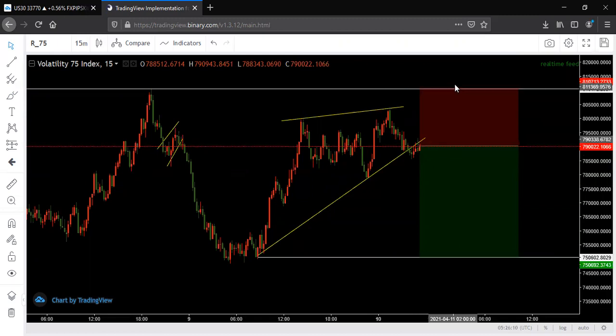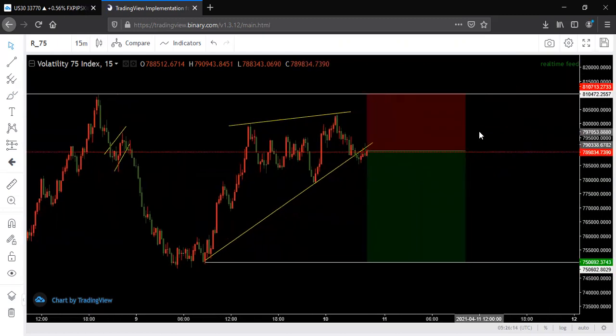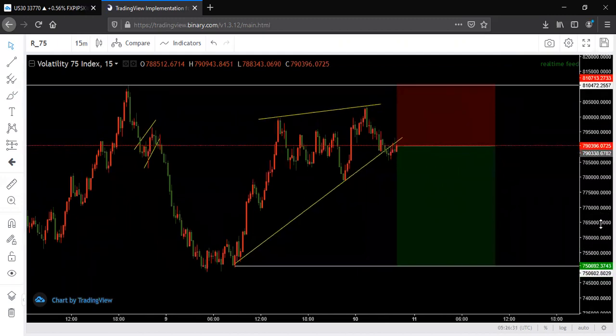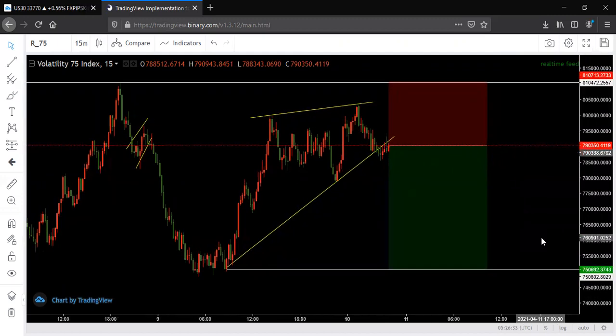Then 2.5 is our risk. So almost it's like one, two, it's like a 2 to 5 risk reward ratio. So it's like 2 to 5 when we convert it. So this is how we do it. Make it simple and clear.